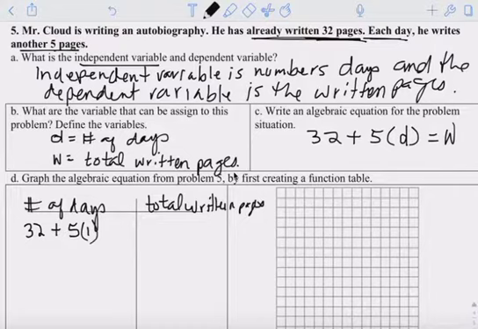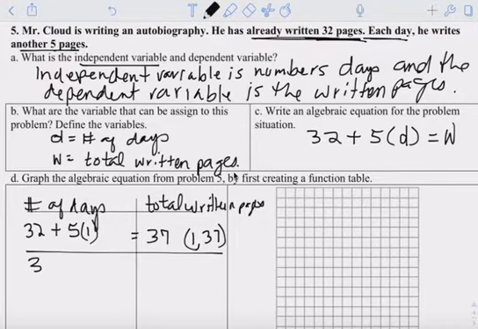If he only wrote 1 day, then the total is 37 pages. So 1 day, 37. That's one of them.